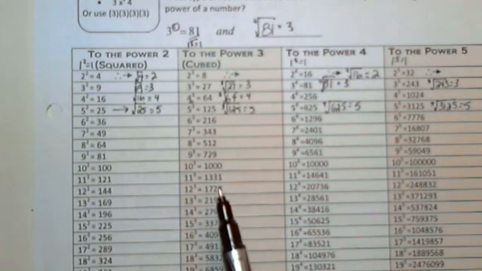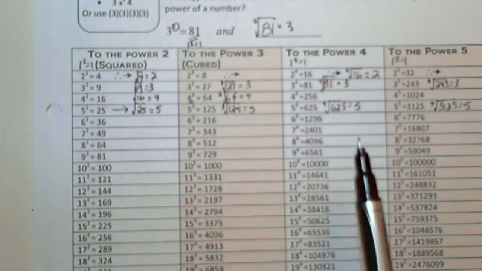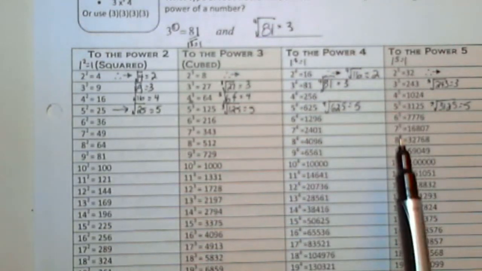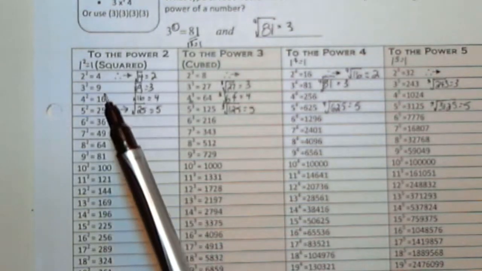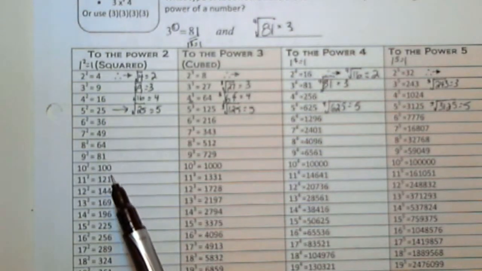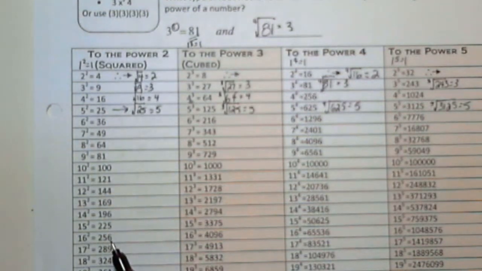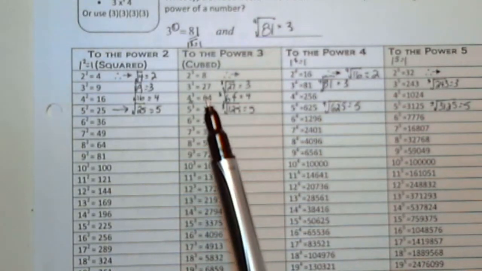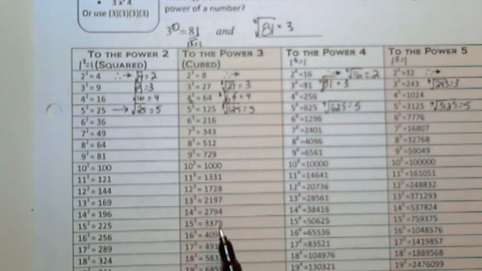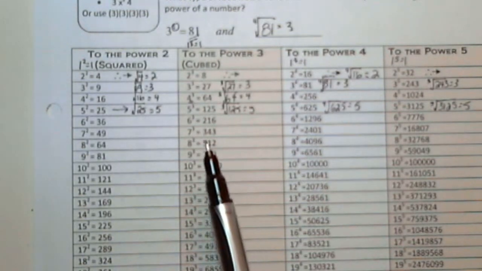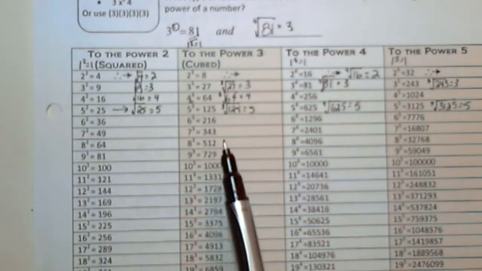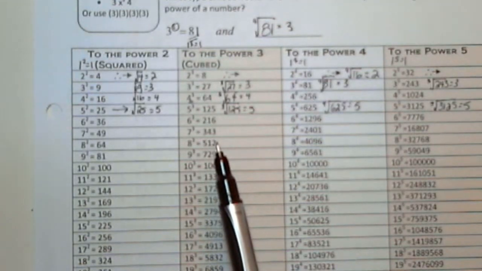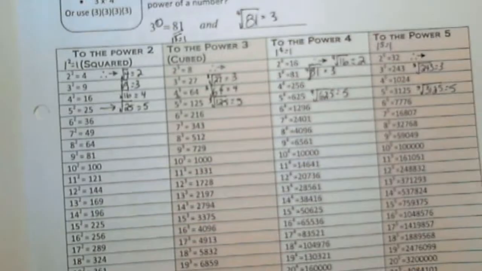Any cube roots of any of these numbers will be rational, as will these, and will these. Any numbers that don't show up here that I try and take the square root of will be irrational. Any number that doesn't show up on this list, for example, 513, its cube root will be an irrational number.